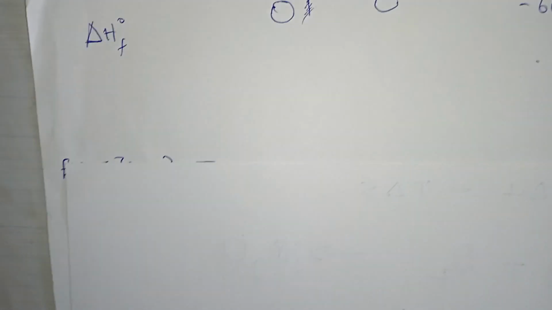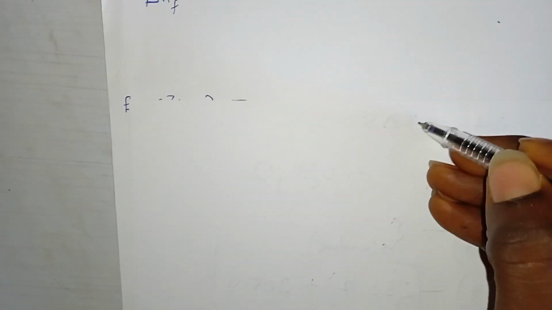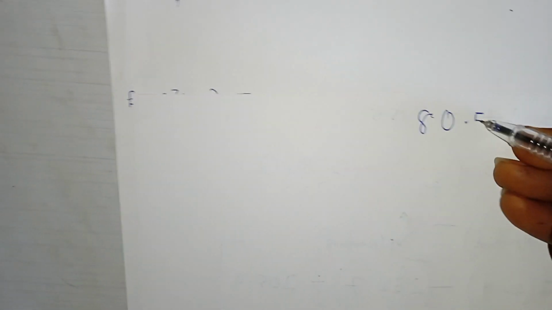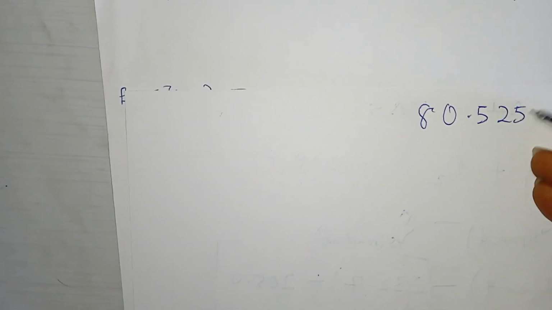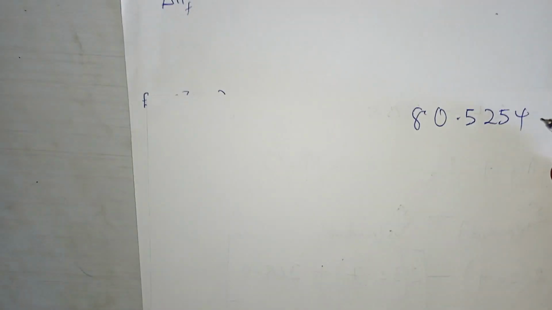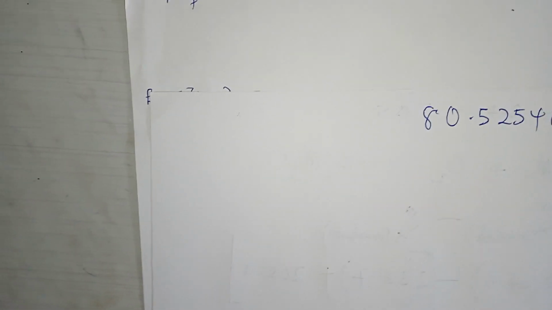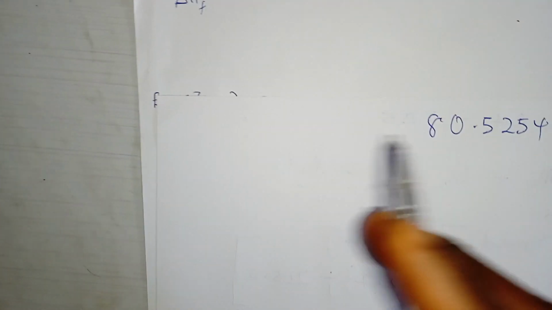When we divide by 1000, the value will now be 80.5254. So that's our value in kilojoule. We divide by 1000 to get it from joule to kilojoule.